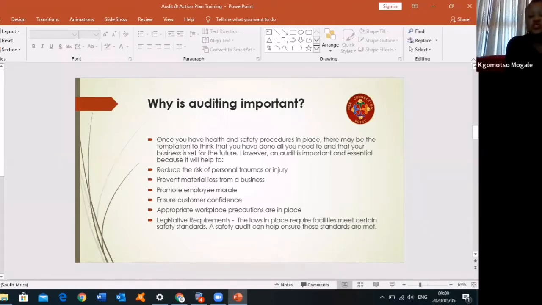So that's why we need to continue auditing to check whether the health and safety management system that we have is working or not. Because at the end of the day, it is our duty to make sure that we minimize the injuries and incidents to the employees in the company.